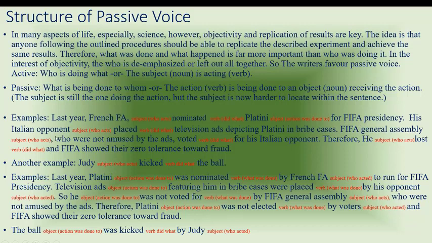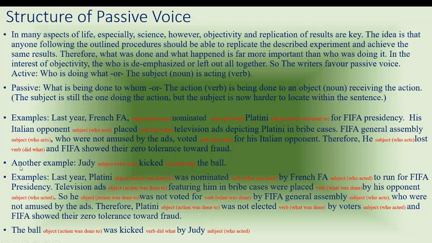His Italian opponent, subject, put, verb, action, television ads, ads being the abbreviation of advertisements, depicting Platini in bribe cases. Depicting means showing or featuring bribe cases, that's dirty money.